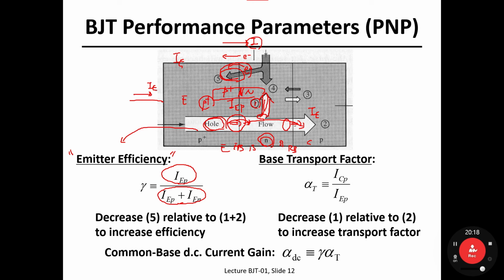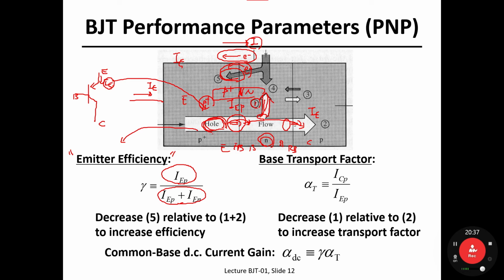And if I'm using a circuit symbol, emitter, base, collector. So when we draw the I sub E, this I sub E most likely comes from this holes movement. However, don't forget this electron movement.